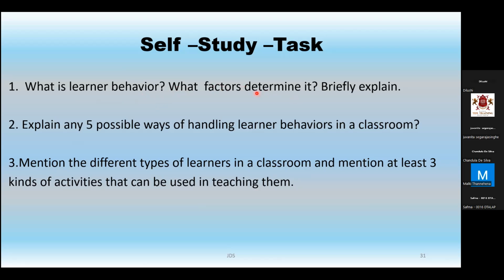What factors determine it? We have 3 important factors. Just mention those factors. So explain what learner behavior is and mention those factors. Explain any 5 possible ways of handling learner behavior in a classroom. How can a teacher promote positive learner behavior or minimize negative learner behavior in the classroom?